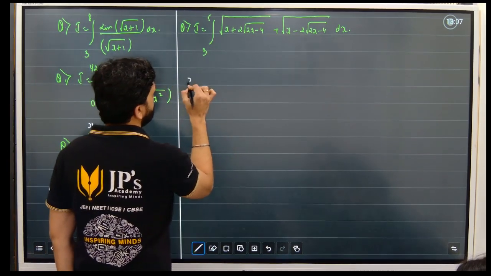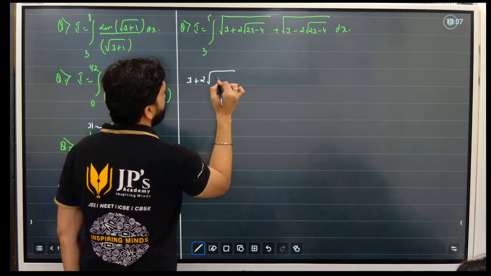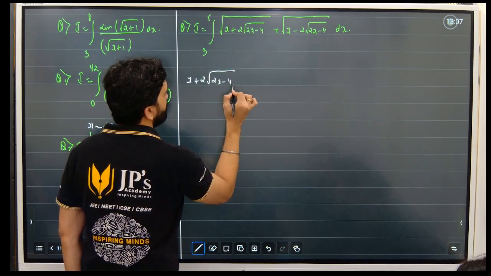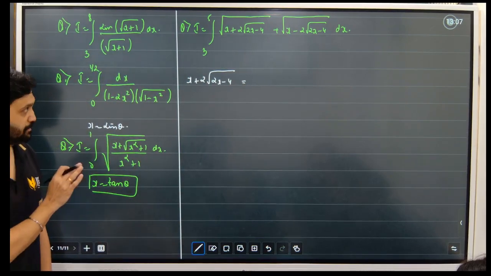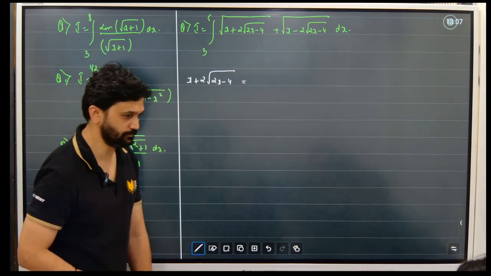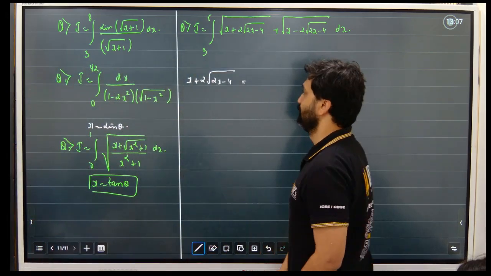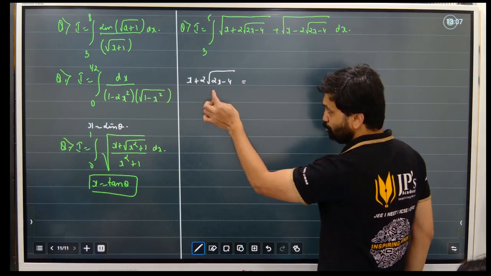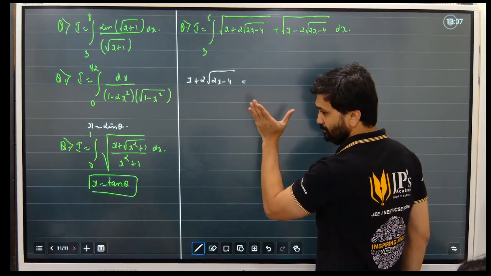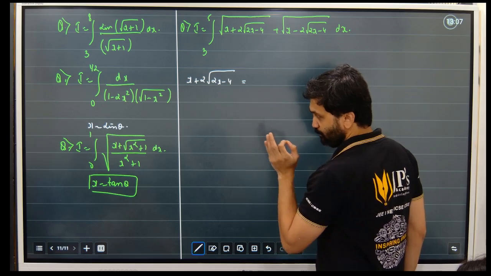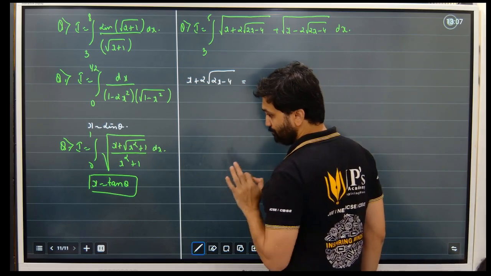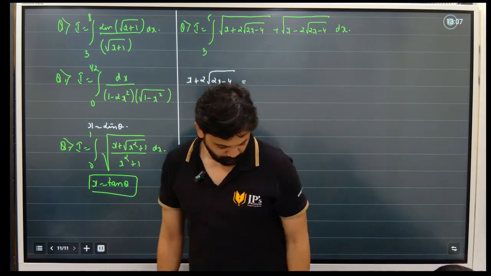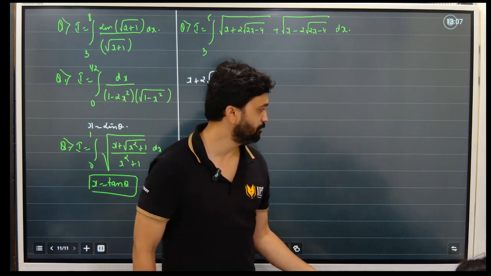Try to write this as a perfect square. Look, 2ab is also given. This is 2ab. Figure out a square, figure out b square, and tell me how will you solve this. You have to make this a perfect square. So think and tell me right now, how will you make this a perfect square?